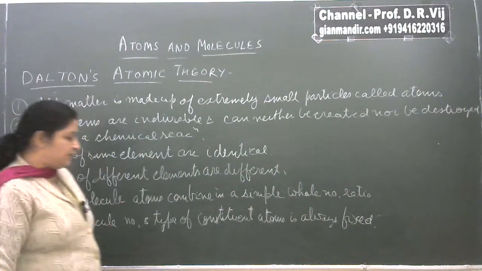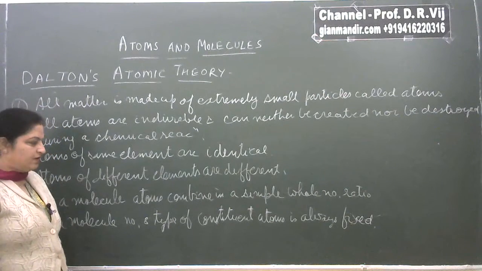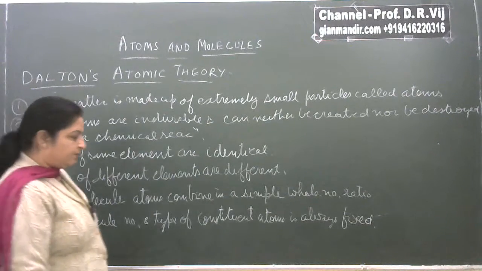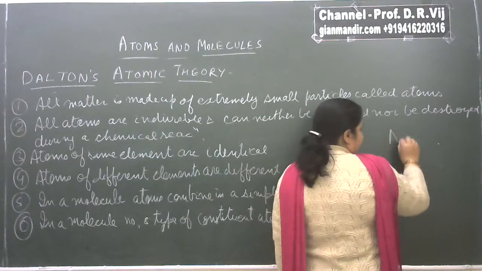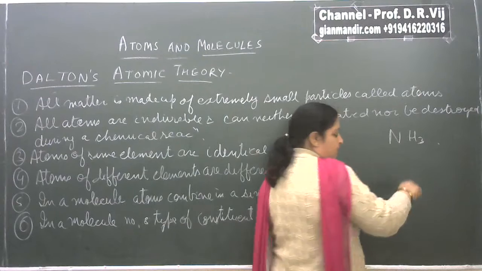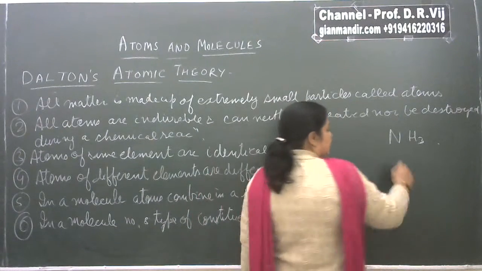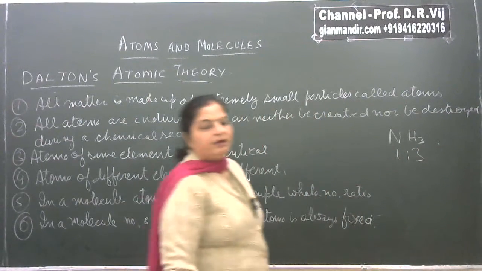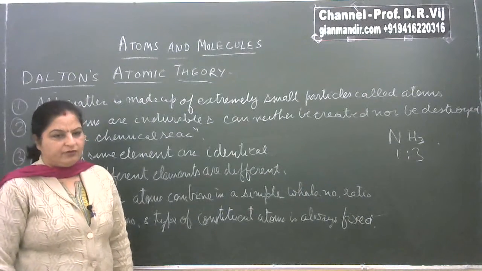So this postulate says that in a given molecule the number and type of constituent atoms is always fixed. For example, whenever we say a molecule of ammonia, it always contains two types of atoms, nitrogen and hydrogen, in the ratio 1:3, irrespective of the source of the ammonia gas, right?